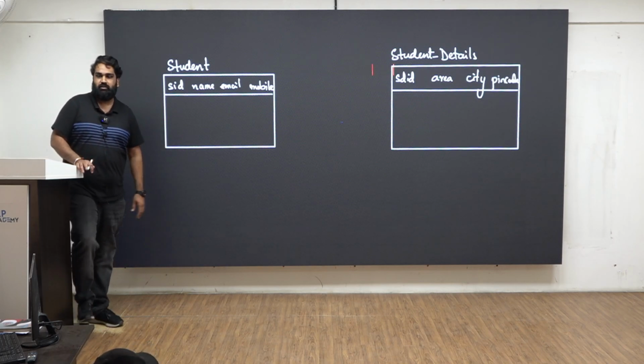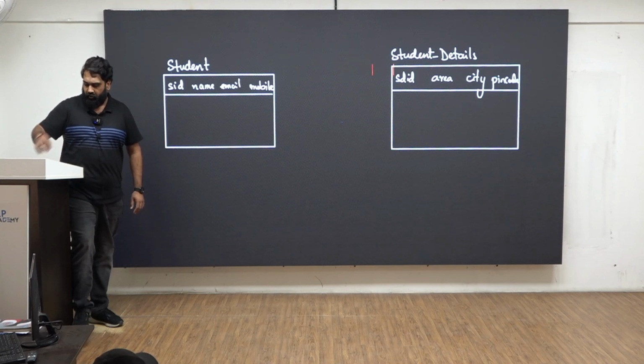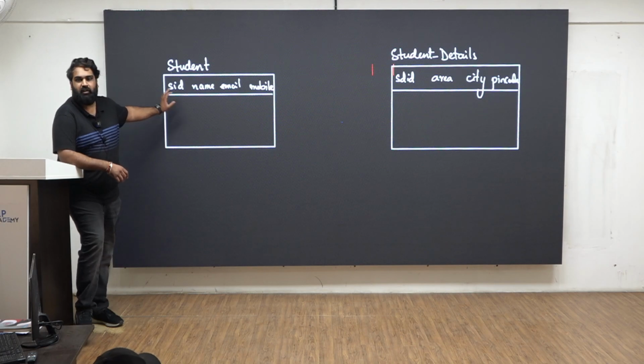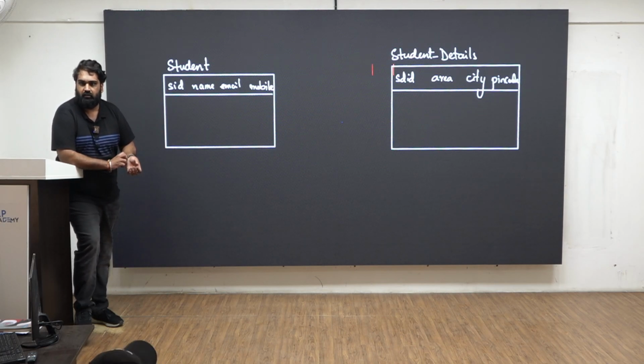Some random information. In this way, I am going to expect two different tables. So what is the first table? SDID, area, city and pin code. Then the student table with all the student details.